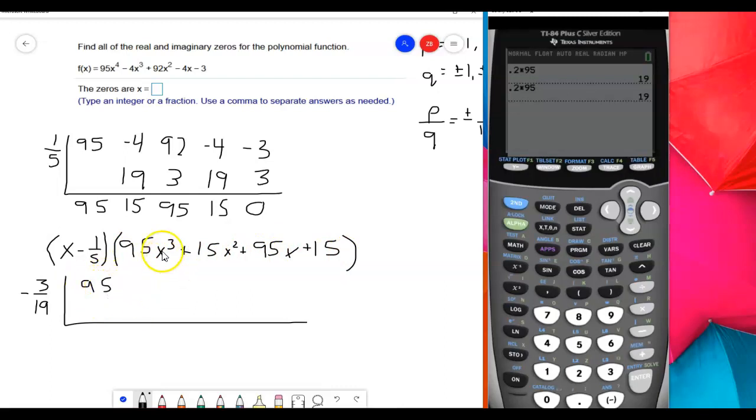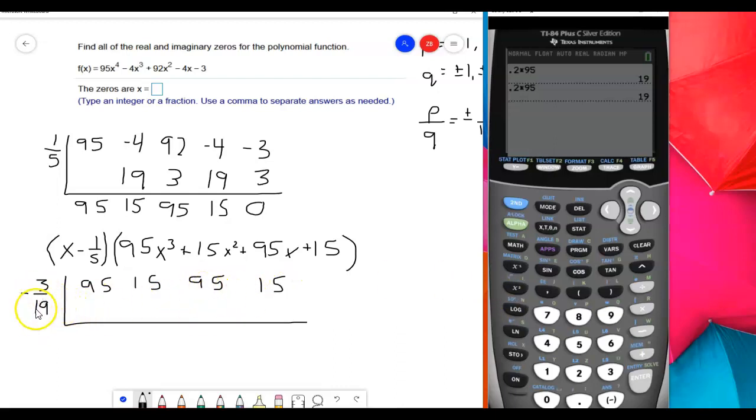Now remember, if you skip one, if this were to go from x squared down to x, you'd have to put a 0 in there for the skipped one, but we're not skipping any. So 95 down to 15, down to 95, and 15. All right, so these are my new coefficients there.